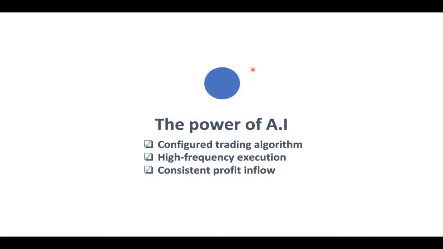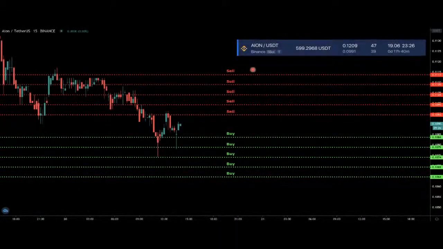The next thing, as I already mentioned, is the consistent profit inflow. The bot is always looking for opportunities to buy low and sell high. Regardless of the market trend, either it's going upward, sideways, or the market is falling, the price is constantly moving, constantly swinging.